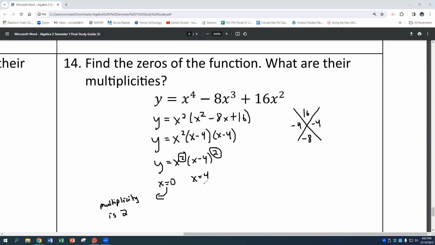X minus 4, the multiplicity is also 2. Okay, so if we were graphing this, right, they're both going to bounce. They're not going to go through the x-axis. They're going to bounce at 0 and bounce at 4. Okay, and that does it for the second part of the review for the semester 1 final, topic 3.